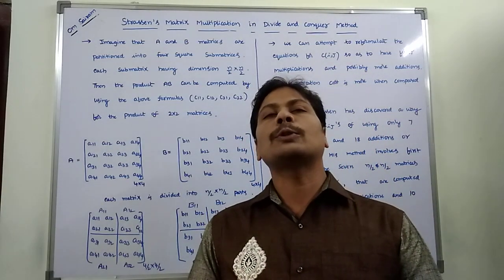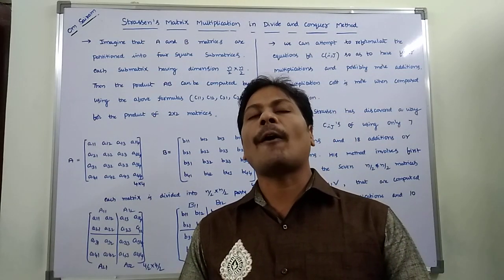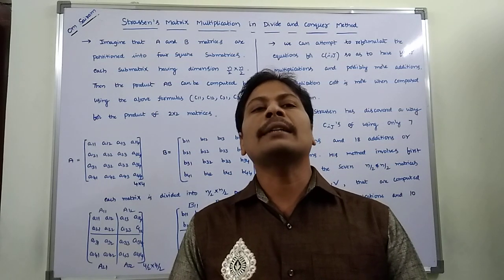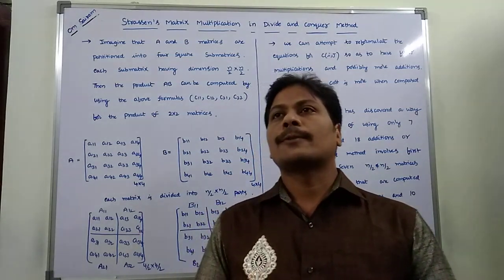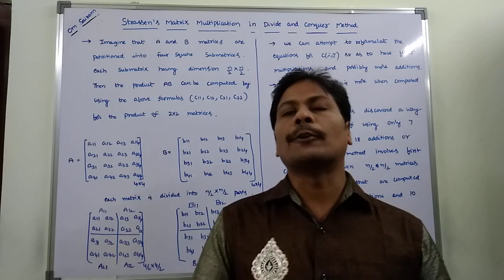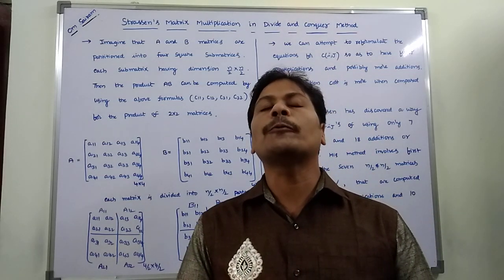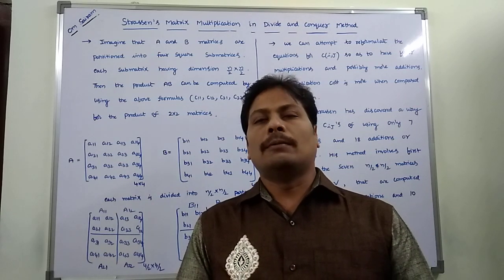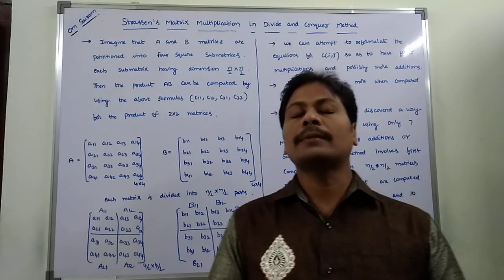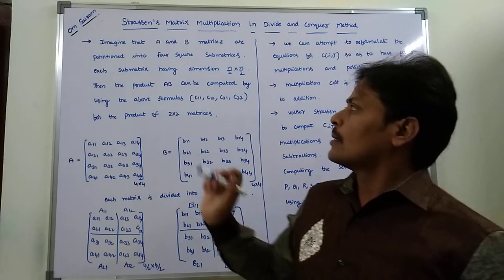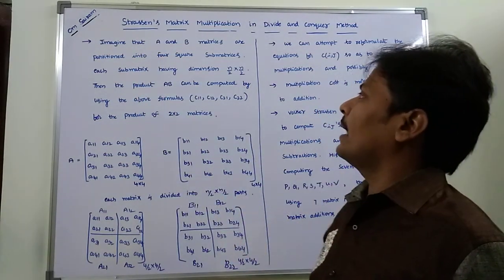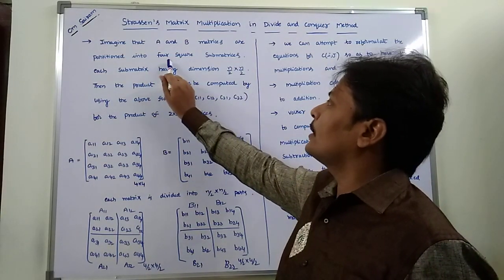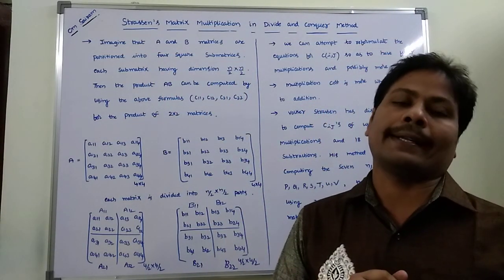Now we increase the size of the matrix to n by n, where n is equal to 4. Imagine that A and B are two matrices partitioned into 4 square submatrices.